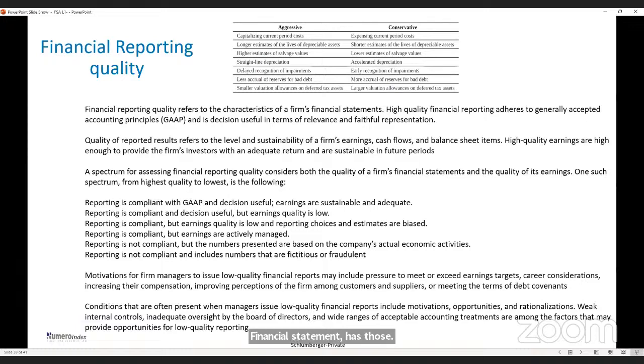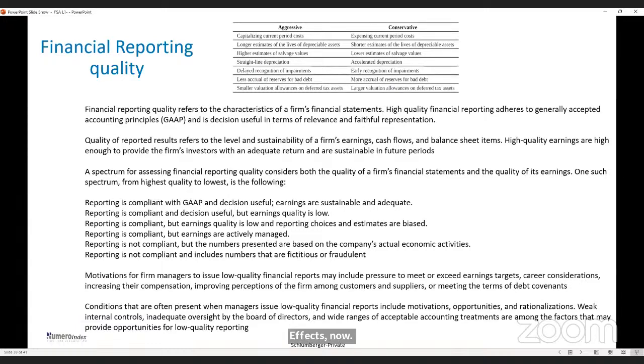All right. So the financial statement has those qualities. If it has that, then we are now talking about the quality of financial reported results: are your earnings sustainable? Sustainability means that the earnings that you are reporting now are sustainable in future, not short-term earnings, not because you have short-term gains, not because you are reclassifying some assets. That's why you're having some gains, not because of changes in, let's say, FX.